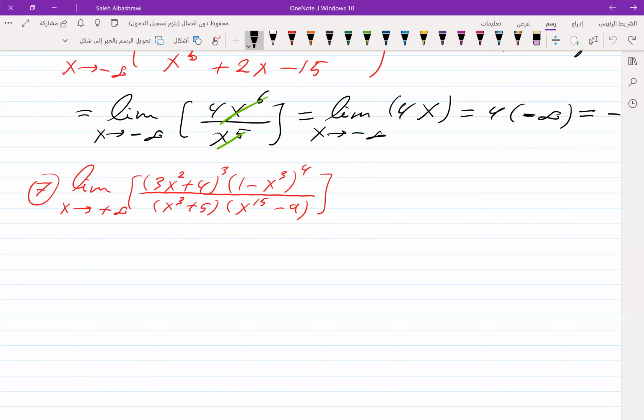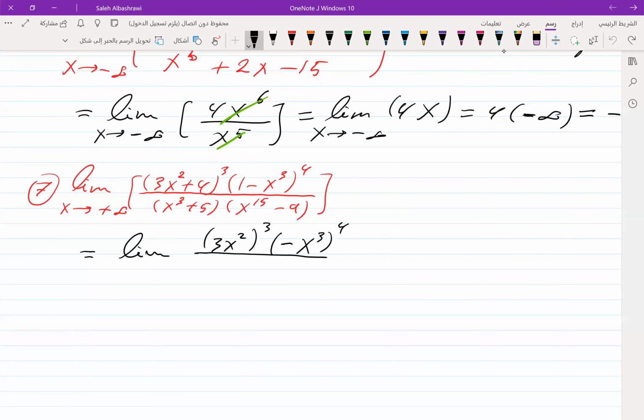So this will be equal to the limit. The highest power for the first bracket is 3x squared. But I have an external power, and we have to keep that one also: 3x squared all to the power 3. Now the second bracket, I have minus x to the power 3, and all to the power 4.